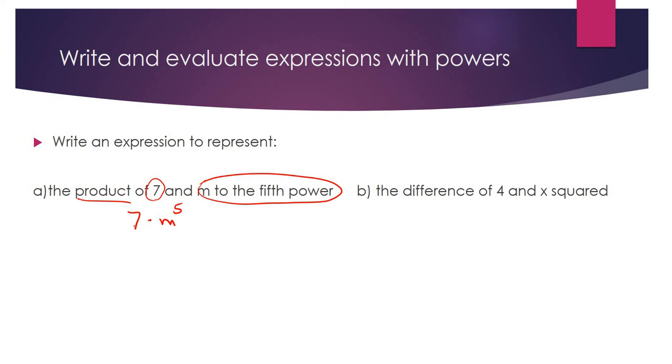And since this is a number and a variable, I don't need the dot for multiplication. I can just write 7m to the 5th. The difference, that means subtraction of what 2 things? The difference of 4 and x squared. So 4 subtract x squared.